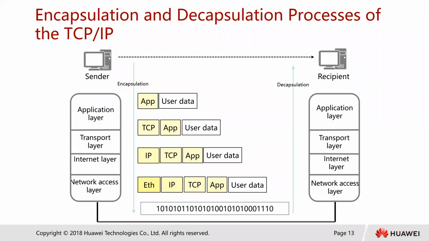All right, so I was saying that as our data is being encapsulated, here our application layer is going to get this and add its packet onto it, right? So after the application layer processing is complete, the data is transmitted to the transport layer. The transport layer here also will go ahead and add its packet onto the data which we have received.